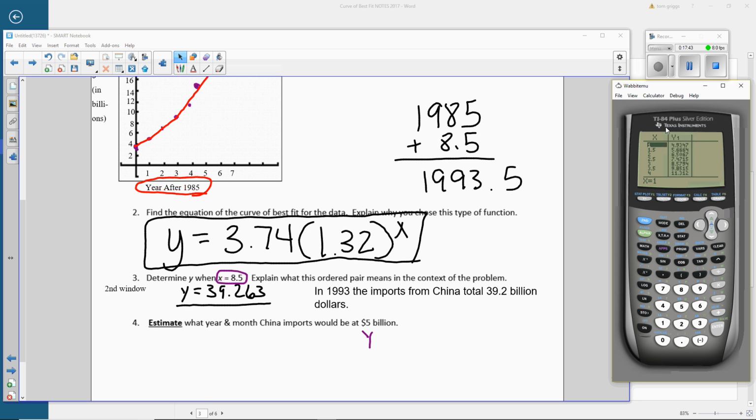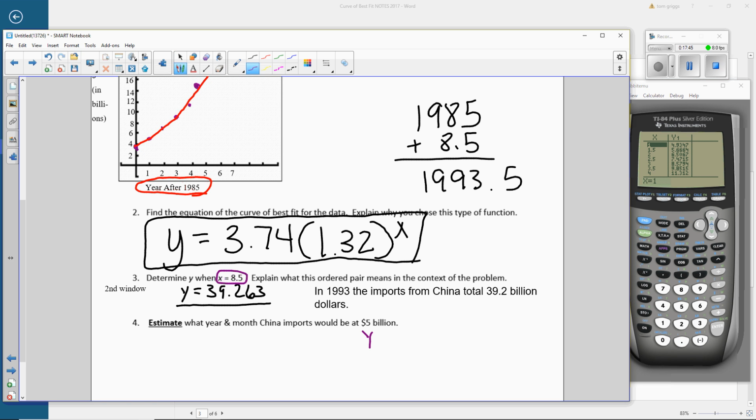So x equals 1 is talking about the year 1986. And it looks like it's pretty early on in 1986. This one specific, it kind of wants you to give a guesstimate. So we're just going to say in February 1986, China imports would be 5 billion.